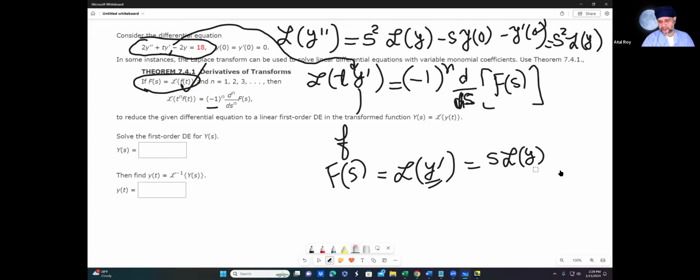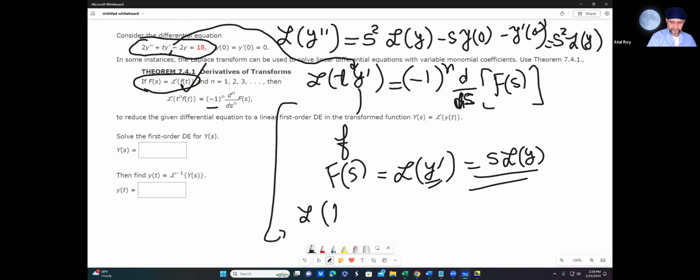So what happens is this quantity will be the Laplace transform of t y prime, which is negative 1 to the power 1, just negative 1 times d/ds of s times.